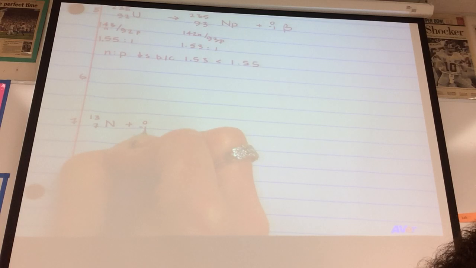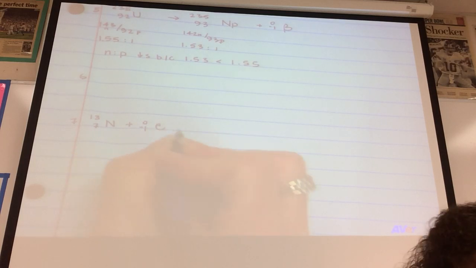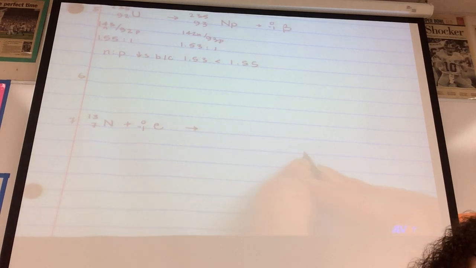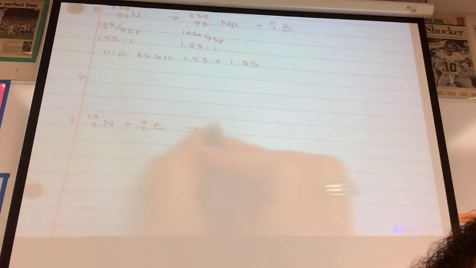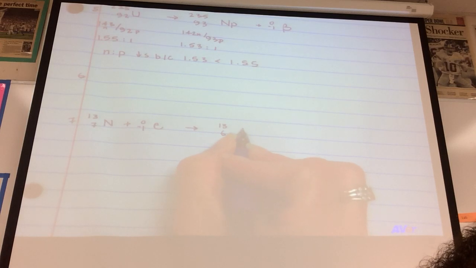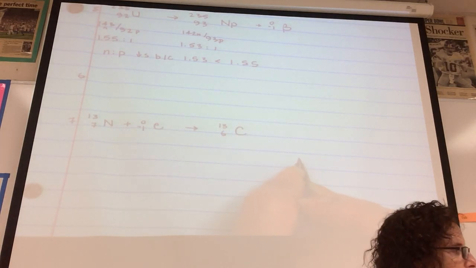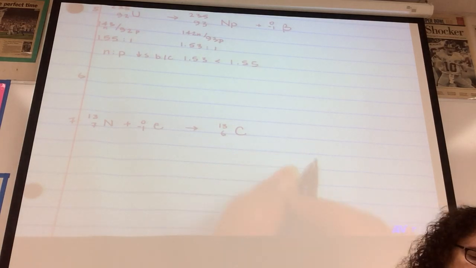So if you capture the electron, it's on the left side of the equation. 13 plus 0 is 13. And 7 plus -1 is 6. So what do you generate? Carbon. The rest of it you'll be able to do.